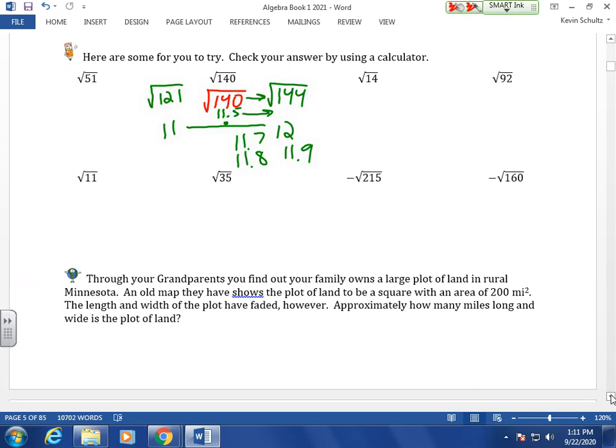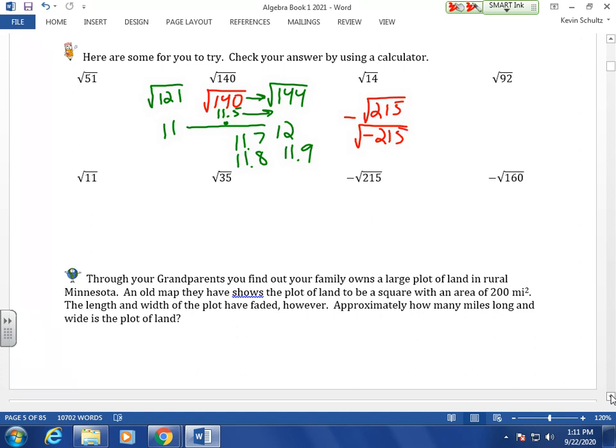For starters, there is a difference that the position of that negative sign matters. There's a difference between what we have here, the negative root of 215, and the root of negative 215. In one of these, the negative sign is outside of the root, and in the other, the negative sign is inside the root.